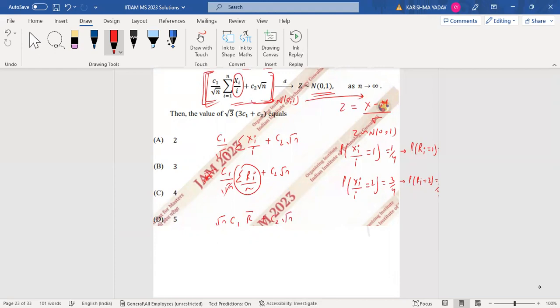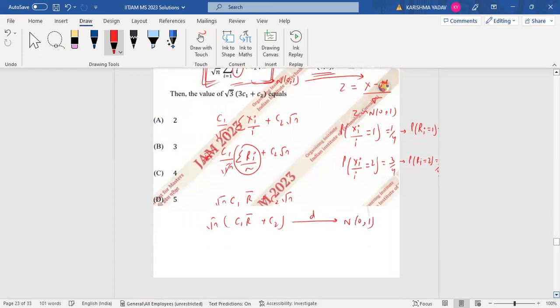Okay, I got this. Now let's further do it: c1 R bar plus c2, let's take root n common, and this is converging in distribution to normal 0, comma 1.